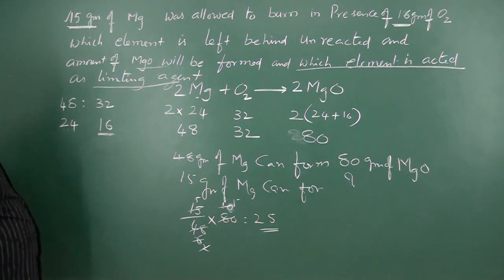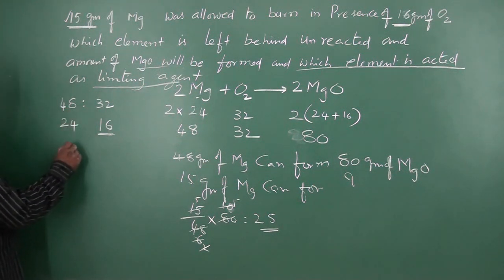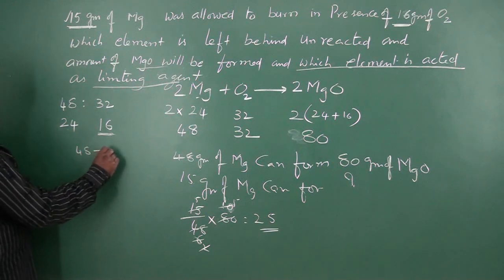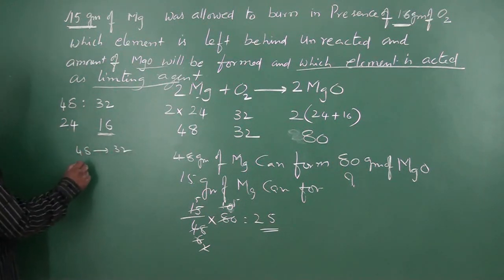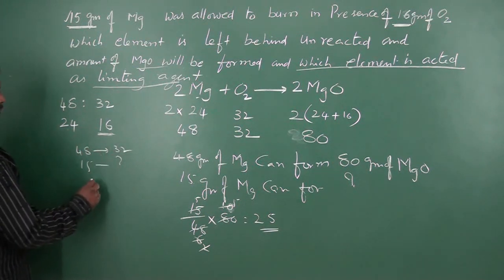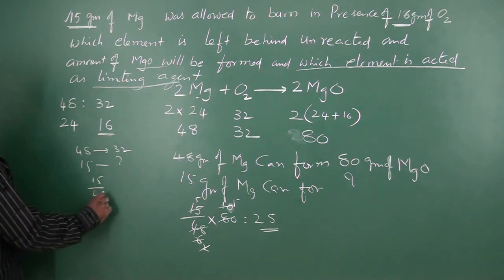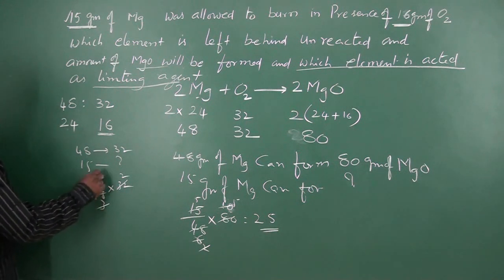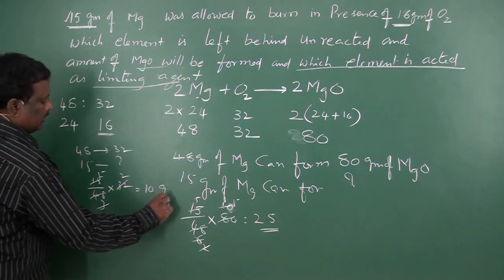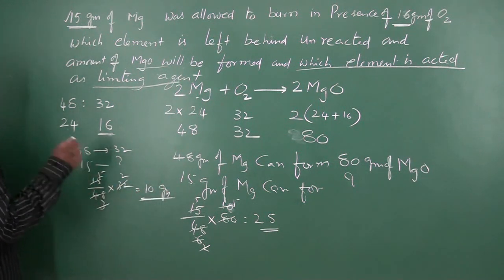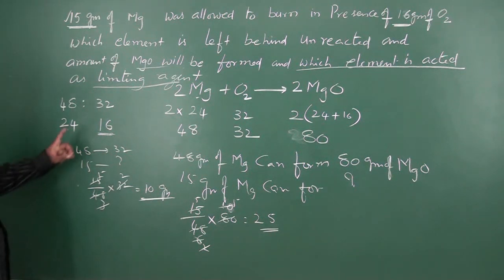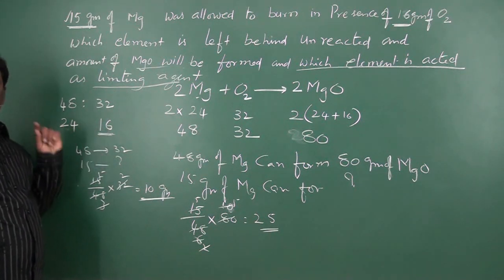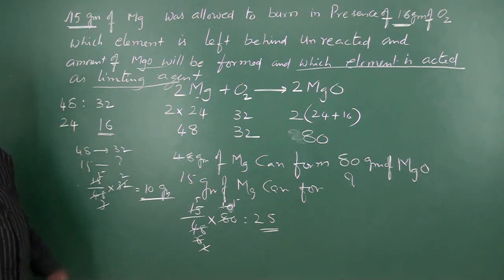So you have to find out the amount that was left behind. So 48 grams requires 32 grams. Then 15 grams requires how much? 15 by 48 into 32. 2 16s, 3 16s, 3 5 times. So 10 grams. So in this particular reaction 10 grams of oxygen was used, but we have 16 grams.